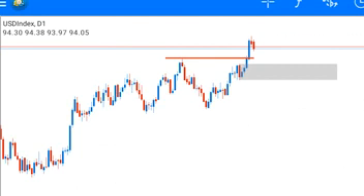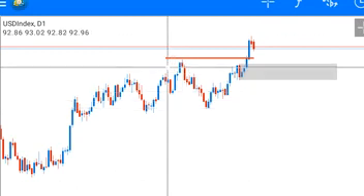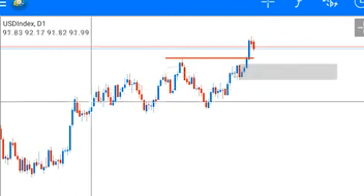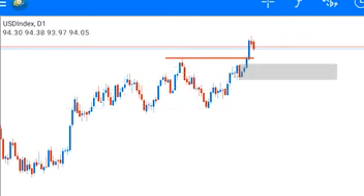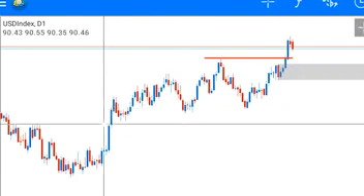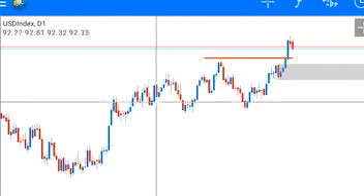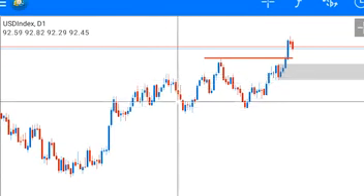DXY, daily time frame. Take a look at this DXY. DXY has been making some moves. Higher high, higher low, higher high, higher low, higher high, higher low.